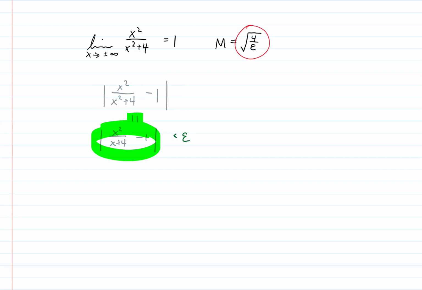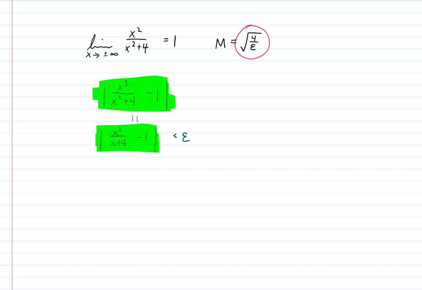So one way that I can make this be less than epsilon is by making this be less than epsilon.